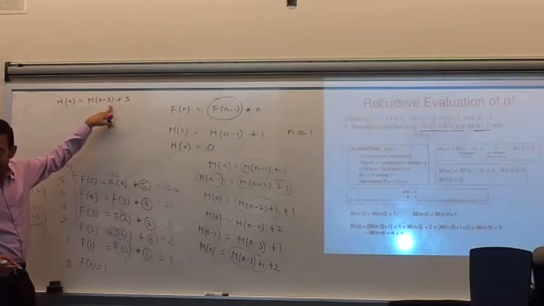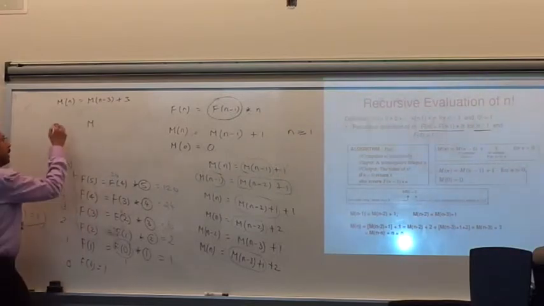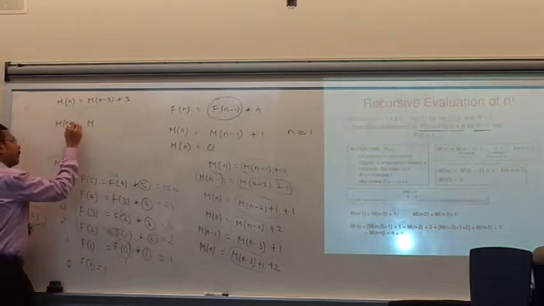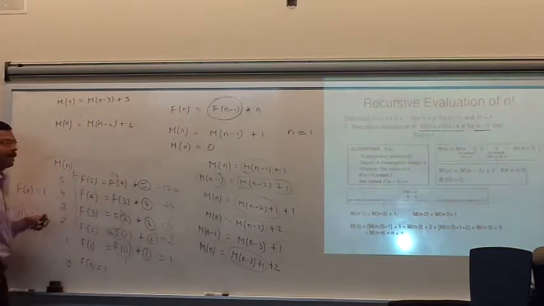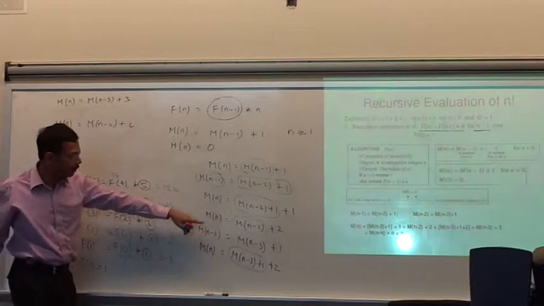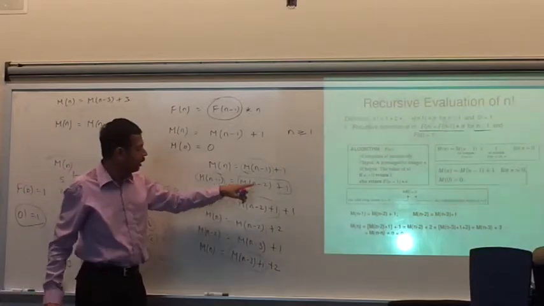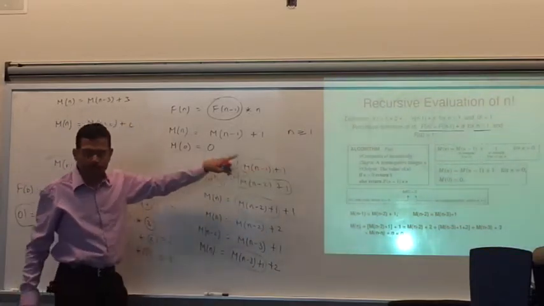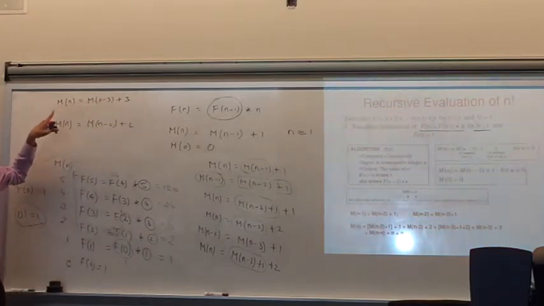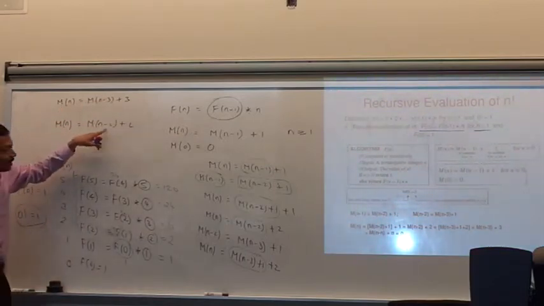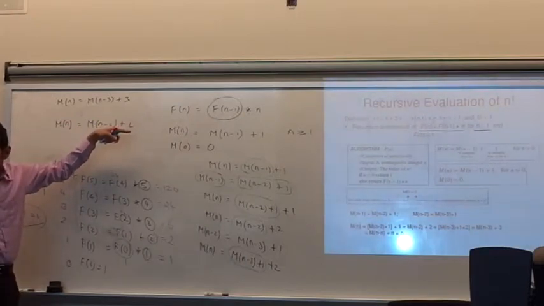Right? Before that, we can make it more general by saying M of n is M of n minus i plus i. Can you write it like that? Because you see M of n is M of n minus 2 plus 2, n minus 1 plus 1, M of n minus 3 plus 3, and so on. So you can say M of n is M of n minus i plus i, in general.